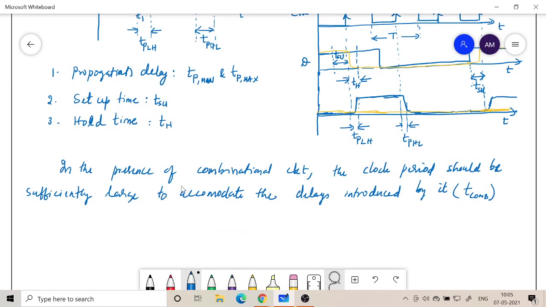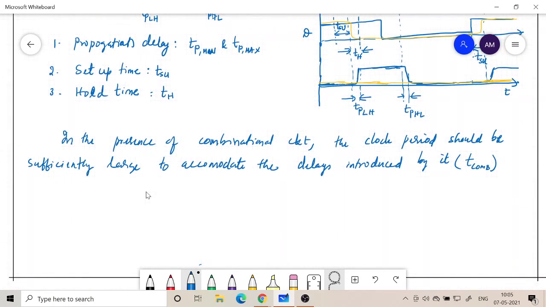So we can write that T should be greater than, so we need a T setup, then we require the delay of the flip-flop, which is TP. TP is referring to the delay of the flip-flop.